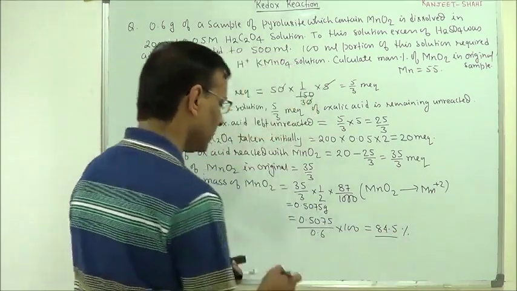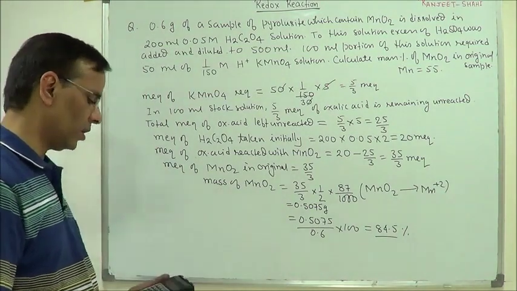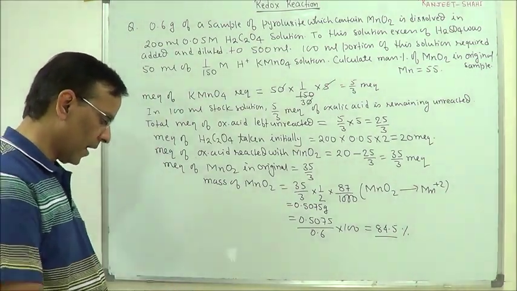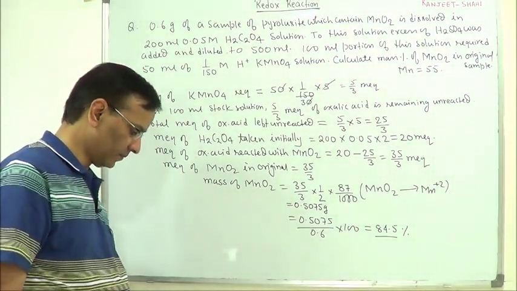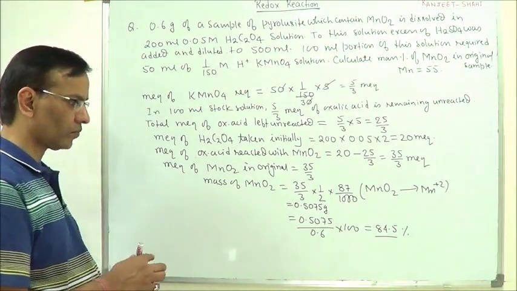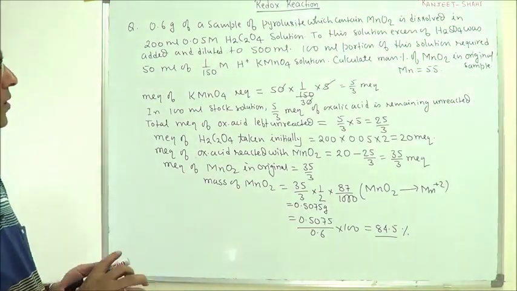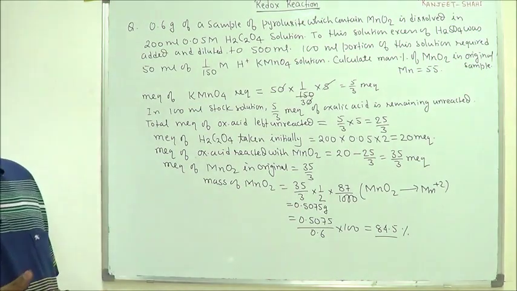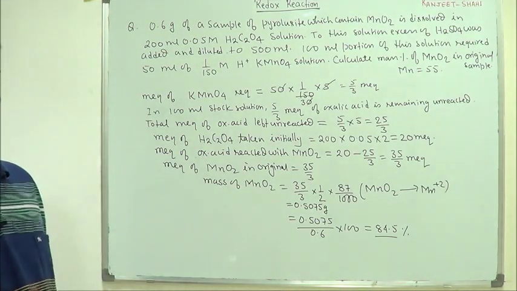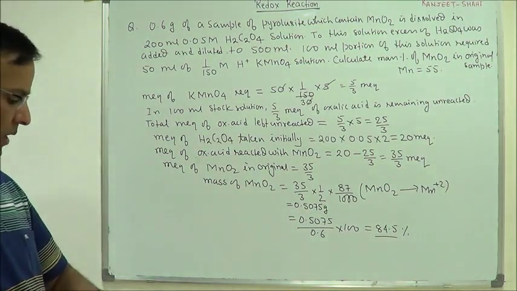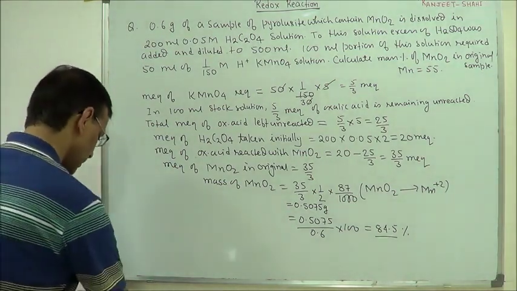So this is the mass percentage of manganese dioxide in the original sample of pyrolusite. So this is the type of problems we are going to solve in redox titration.